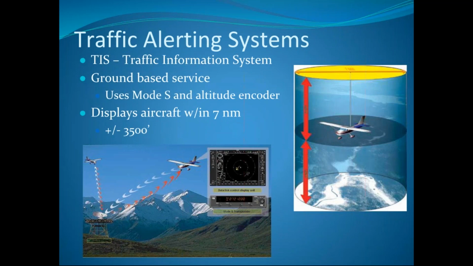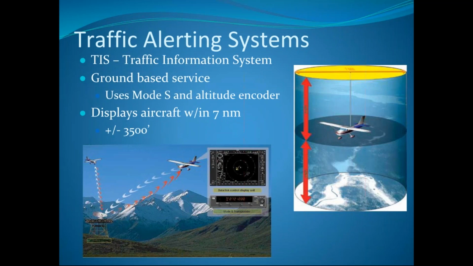The controller will come back and say, this airplane, squawk this code. What he's telling the airplane to do is dial in a 4-digit code on the transponder that's unique to your aircraft. When you dial in this code, no other airplane in your area has that same code at any given time. So it is very unique to your aircraft.